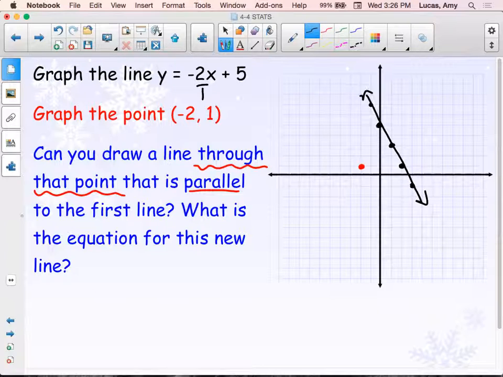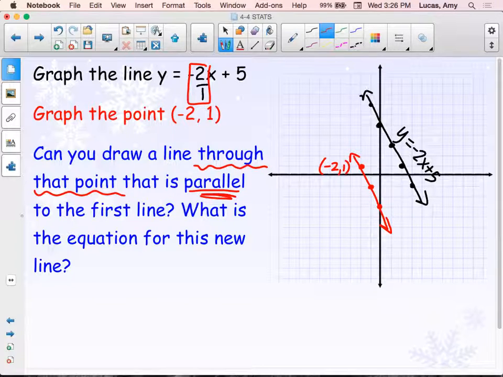So my original line is here, y equals negative 2x plus 5. Now I've got this new point, negative 2, 1. So parallel means the slope stays the same, so I keep that slope negative 2 over 1. Keep it. So from my point that I've graphed, I go down 2 over 1, and draw my line.